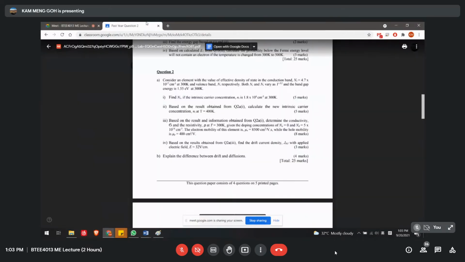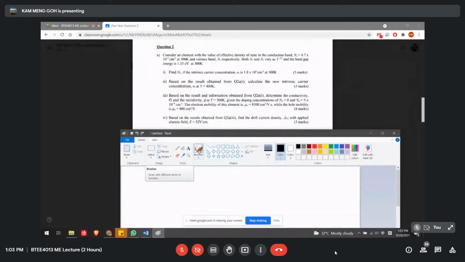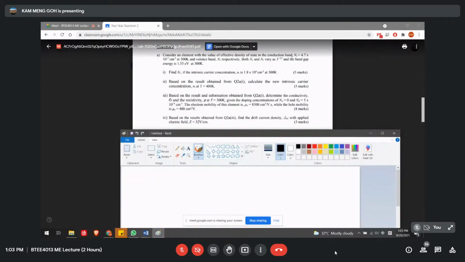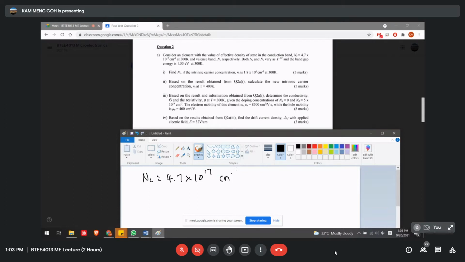Okay, so let's discuss the past year question today. Consider an element with an effective density NC equal to 4.7 times 10 to the power 17 cm^-3, and NV unknown.